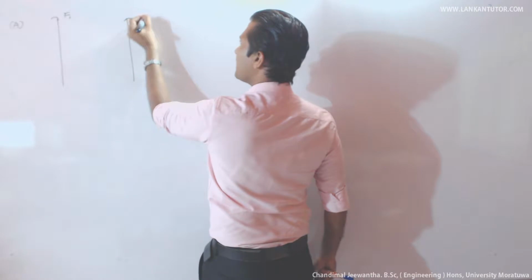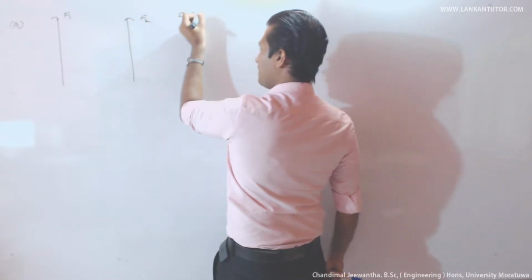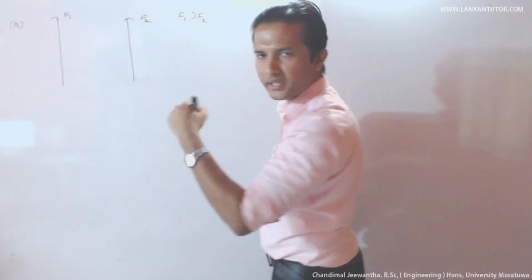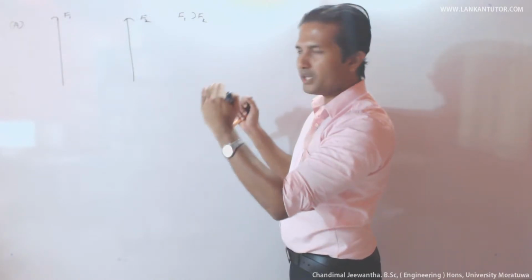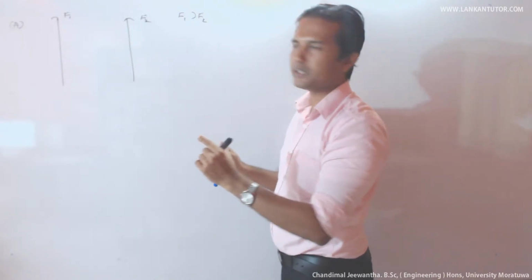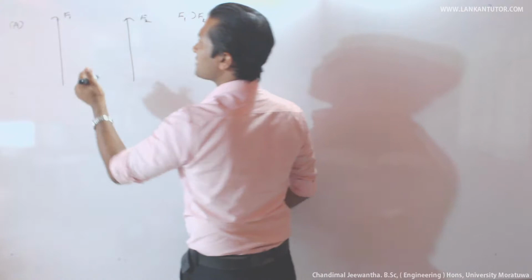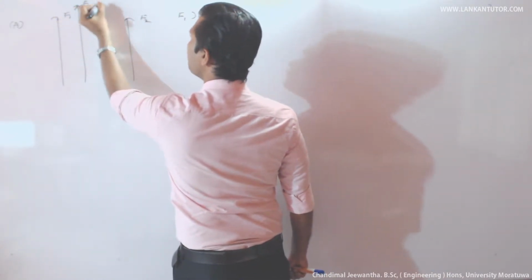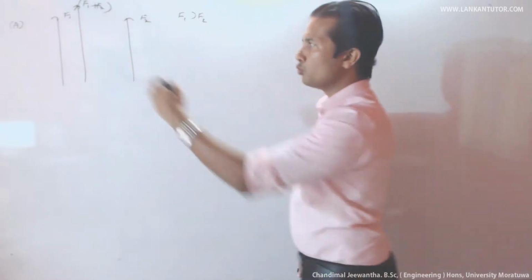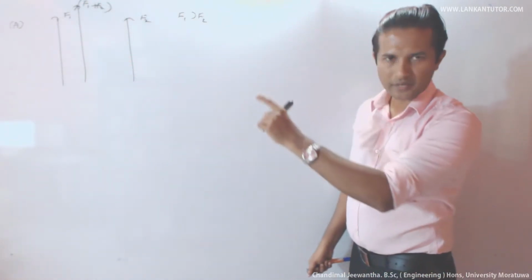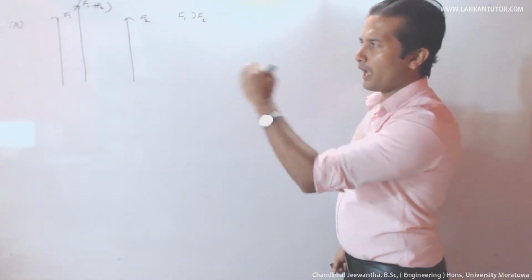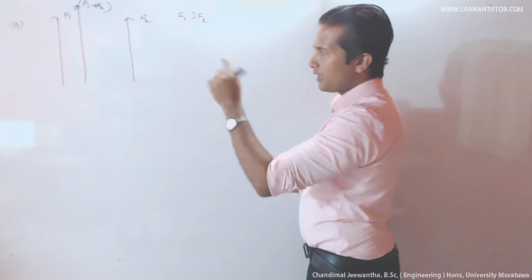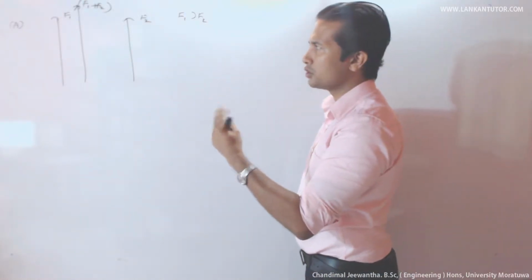Let's consider F1 and F2. So if you are given that F1 is greater than F2, we know that there is a resultant such as F1 plus F2. The line of action should be towards the greater, and it should be in between the two forces.